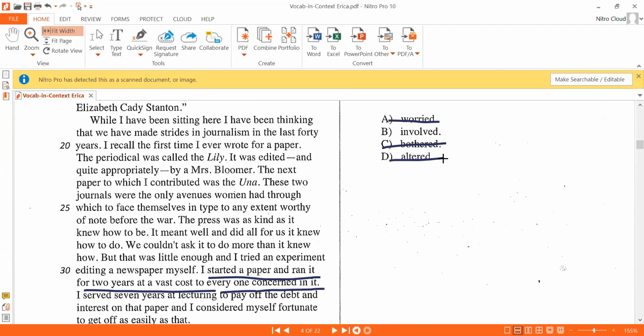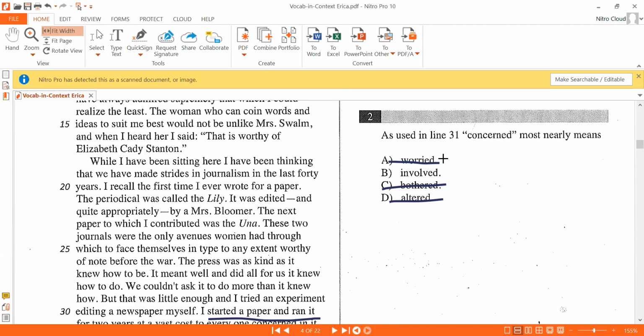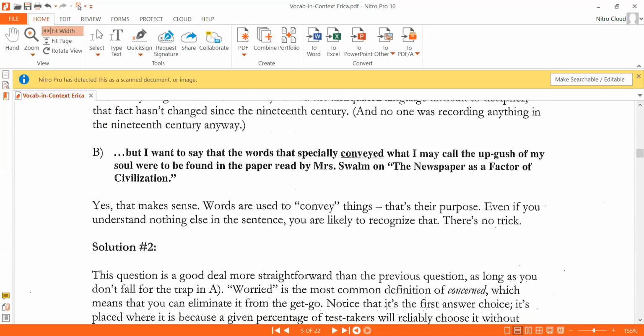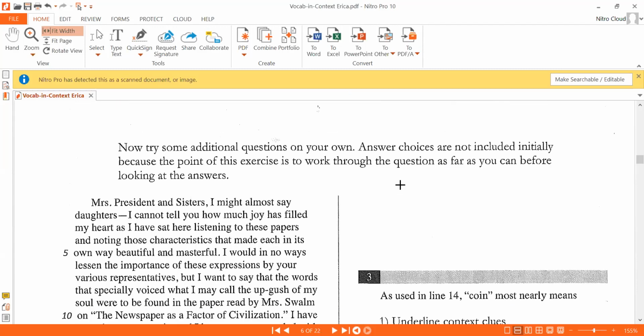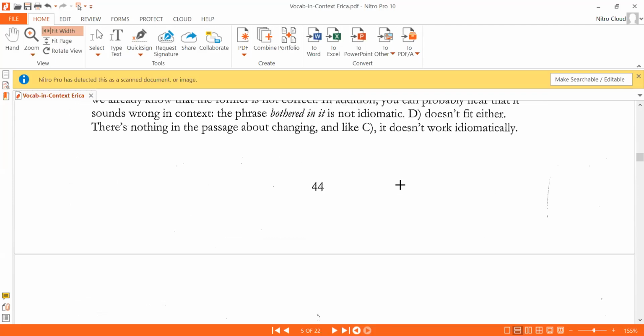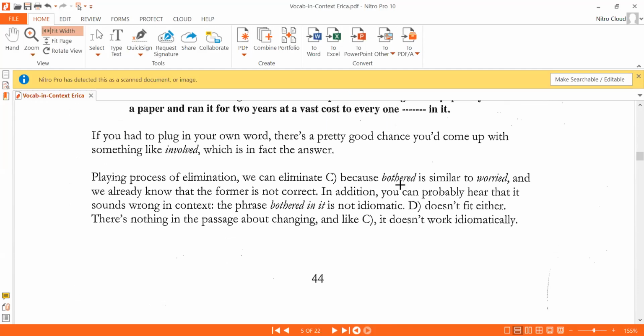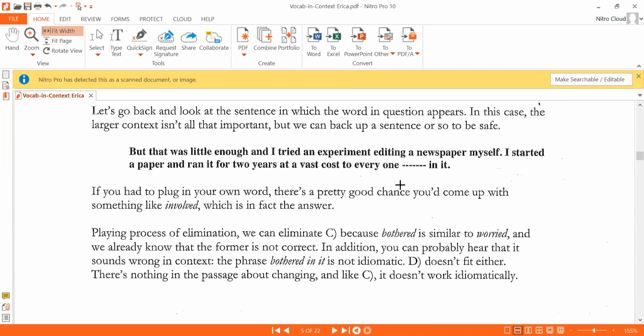Altered is also off topic. So what do you think concerned means? The only one left here after eliminating the answer choices is the word involved, right? Yes.